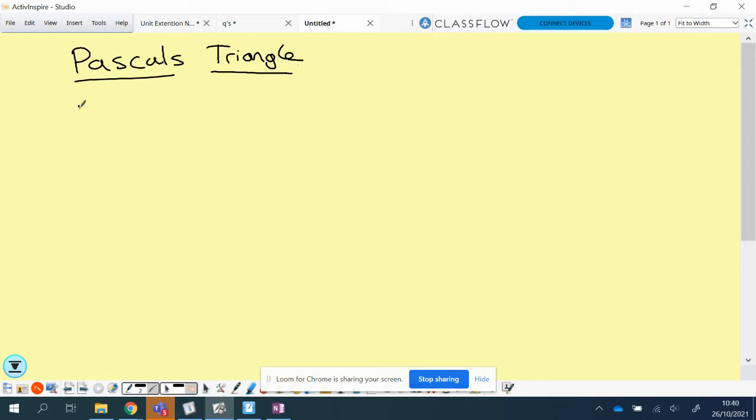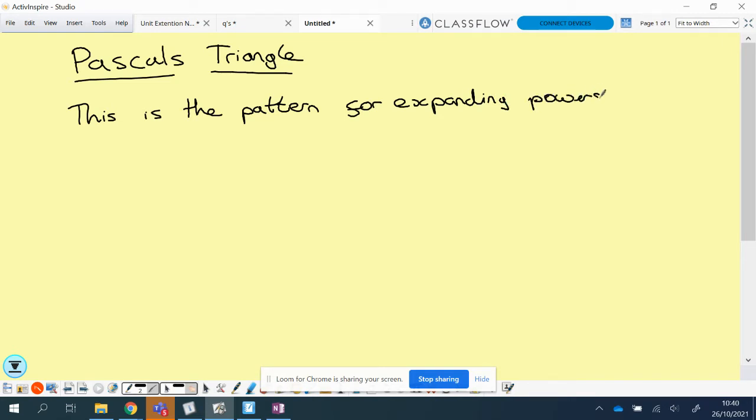So if we think about the general pattern, this is the pattern for expanding powers of brackets of the form x plus y to the power n directly.